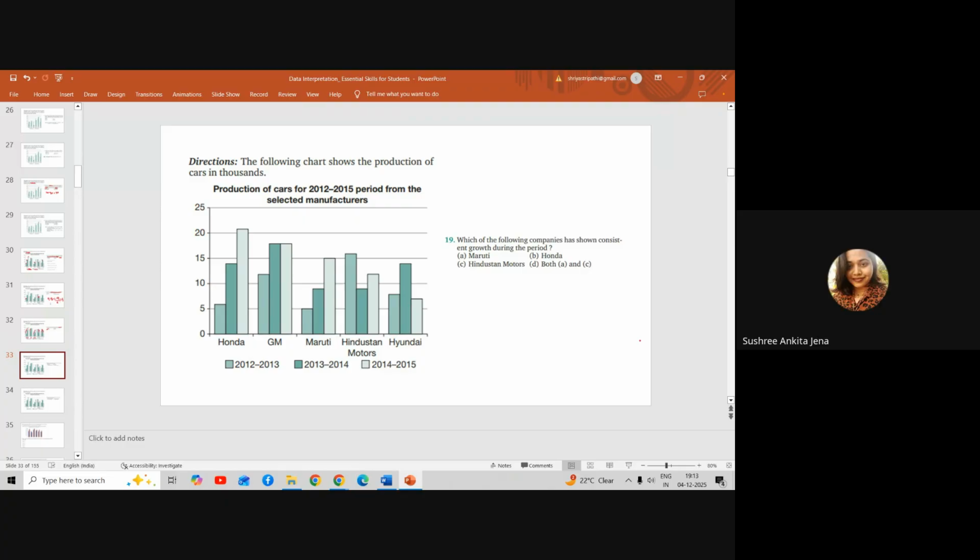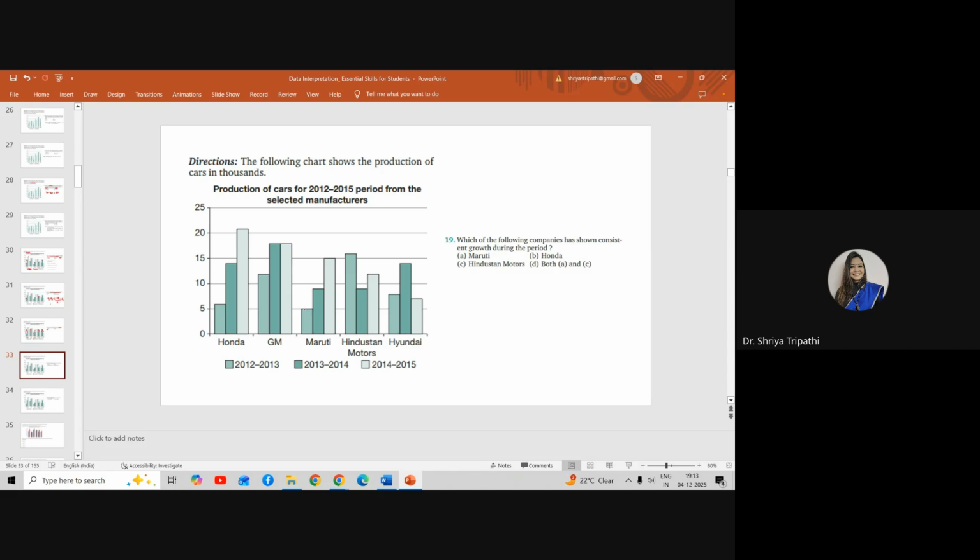Ma'am, but how can it be D? Because D lists both A and C, and option C is Hindustan Motors. Hindustan Motors does not have consistent growth. Yes, there's a dip. It's not C, it's Maruti and Honda, both actually. I guess they should give A and B as an option. That would be right.